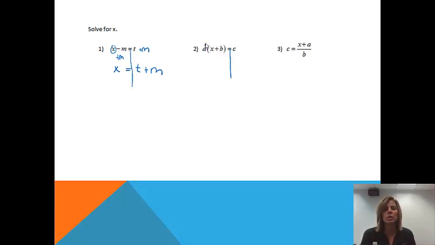One way that we could do this is we could go ahead and distribute the a to both parts. Then I'm going to have ax plus ab equals c. And then remember, we're solving for the x, so I'm going to be solving for this right here. So to get rid of the plus ab, we're going to do minus ab to both sides. And so I'll get ax.